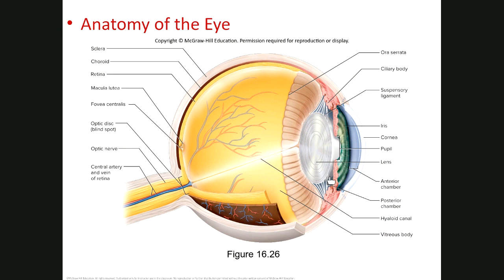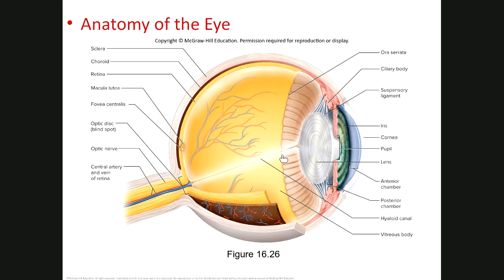Anything behind it is posterior chamber. Another organ behind the iris is the lens. This lens is crystal clear to begin with. And then behind that lens is your ora serrata. There's another capsule that maintains the position of the lens in place. You also have this hyaloid canal leading to the center of the optic nerve.